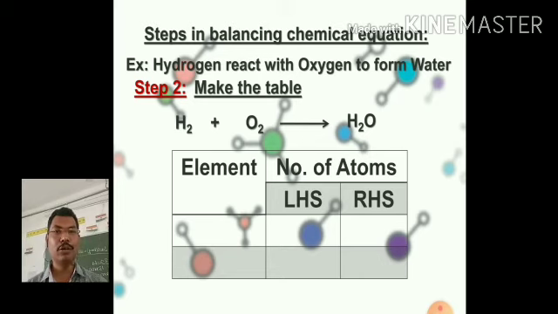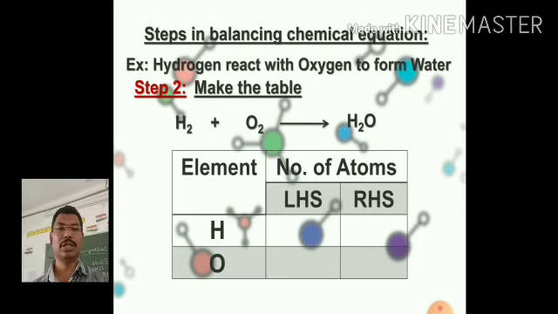Now find out the different types of elements involved in the chemical reaction. Here the given reaction has H2, O2, H2O. In all these three we find two elements, hydrogen and oxygen. Now count the number of hydrogen atoms on the left hand side and the number of hydrogen atoms on the right hand side and make a note in the table. Right?